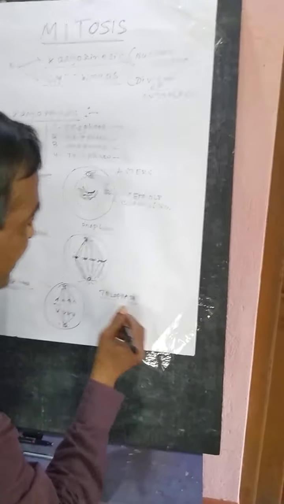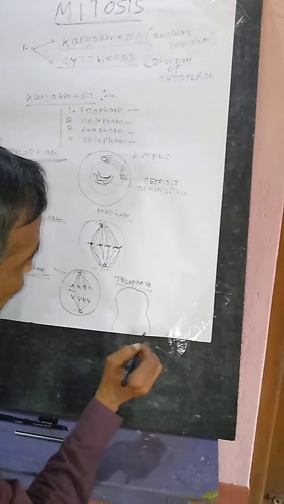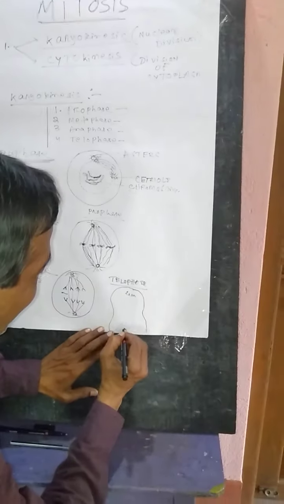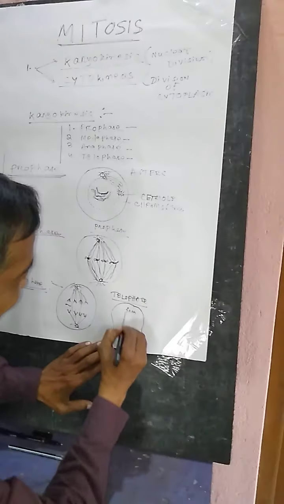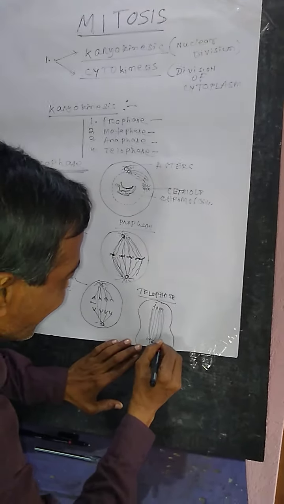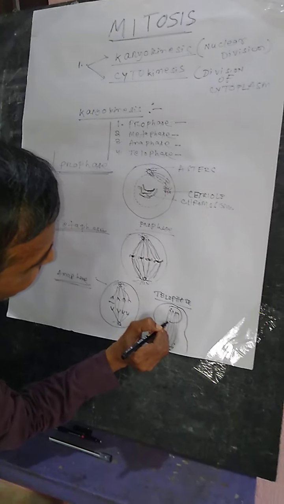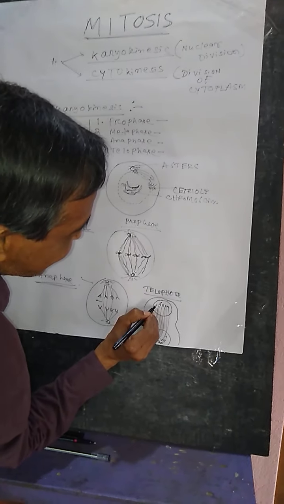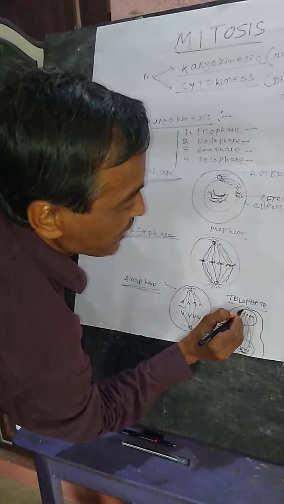Again, telophase, the last phase. The chromosomes reach the pole, and a nuclear membrane forms around each group of chromosomes. The nucleus and nuclear membrane reappear at each pole.